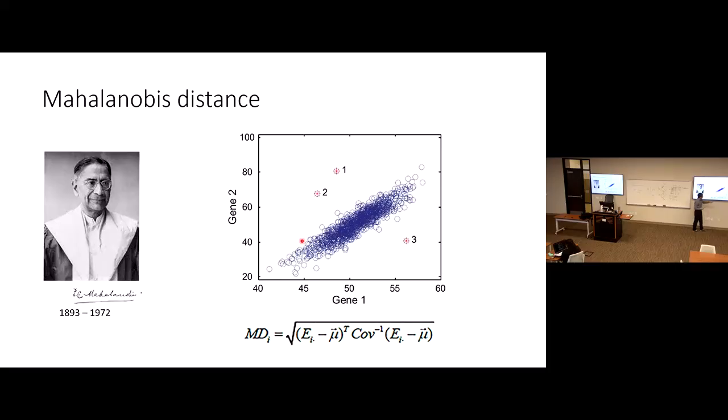So with this covariance matrix plugged in here, what you will see is, for example, the distance from those points to the center is the largest. If you compute the Euclidean distance, you may think, okay, this one here has the longest distance to the center.